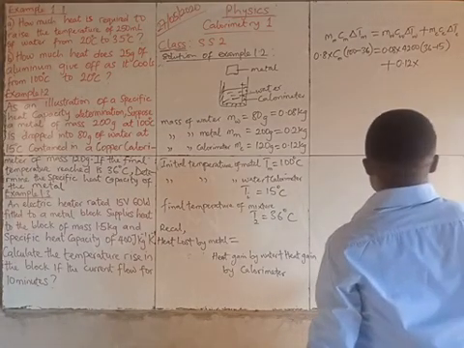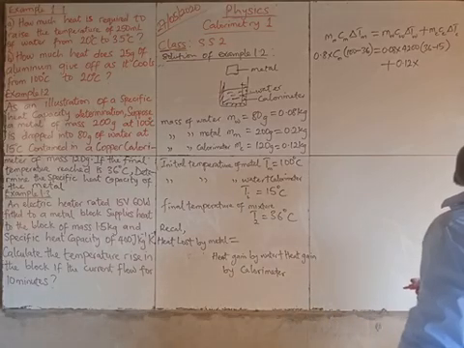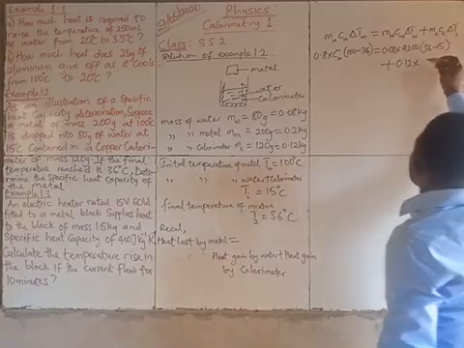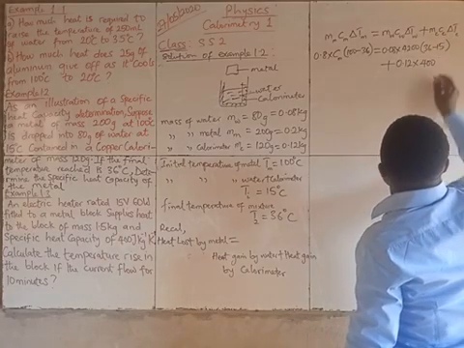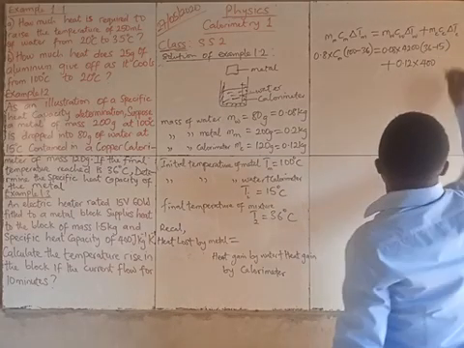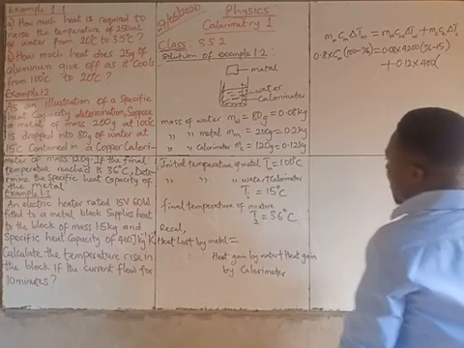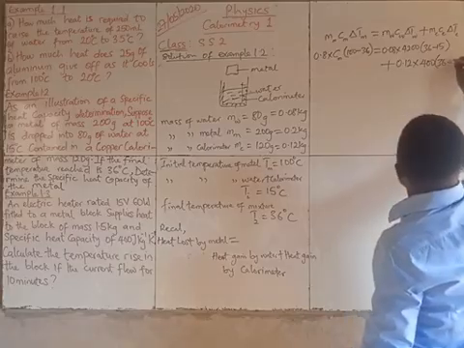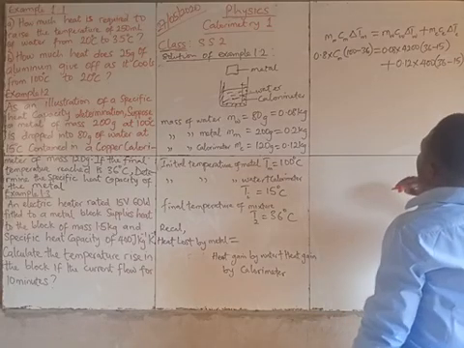If you check the table on the slide, table 1.1, you will see that the specific capacity of copper is 400 joule per kilogram per Kelvin, times the change in temperature of copper, which is 36 minus 15 degrees Celsius.